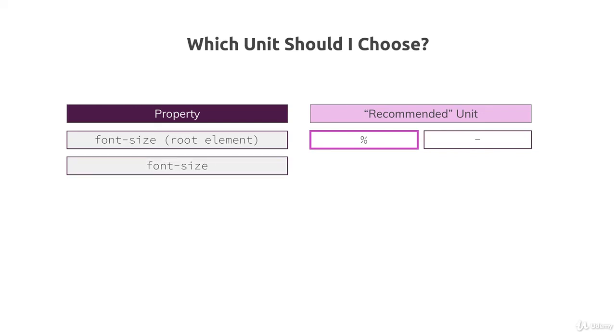The second property we can use to apply some units to is the font size in general. Here we saw that rem is probably a nice idea to follow. It's easy to use, it's easy to see also for other developers, and if you didn't apply any kind of specific font size to the root element, it's always clear that the font size with rem refers to this root element.